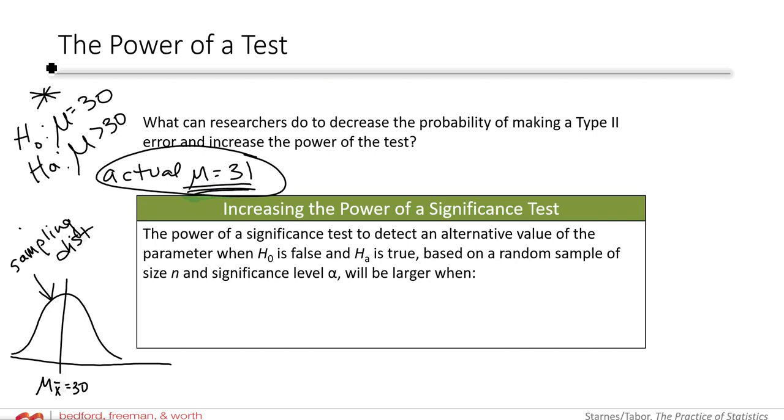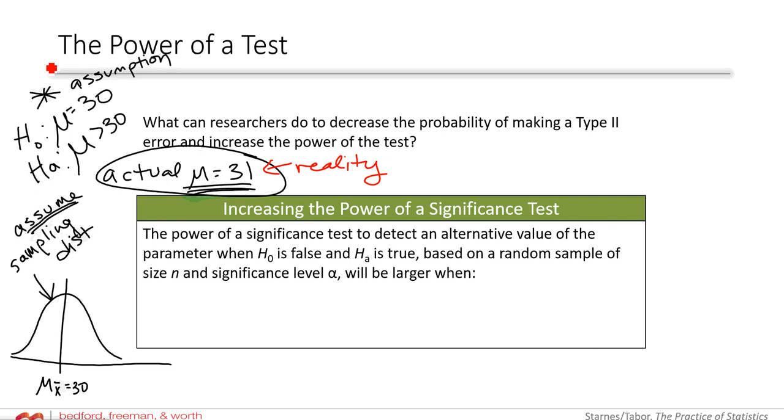And this is what we assume to be true, because that's what HO is. When in reality, this is the reality. So this is the assumption. And in red, I'll draw the reality.